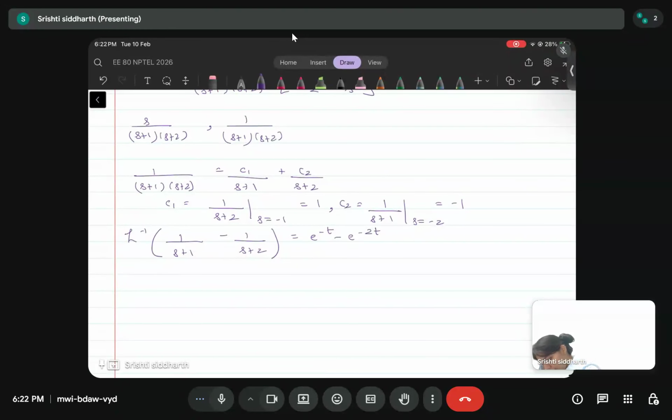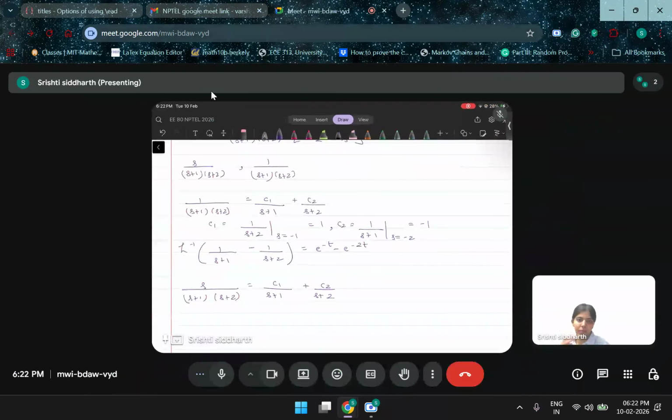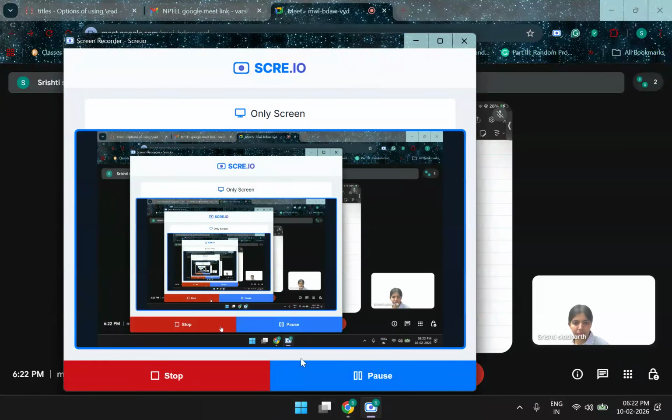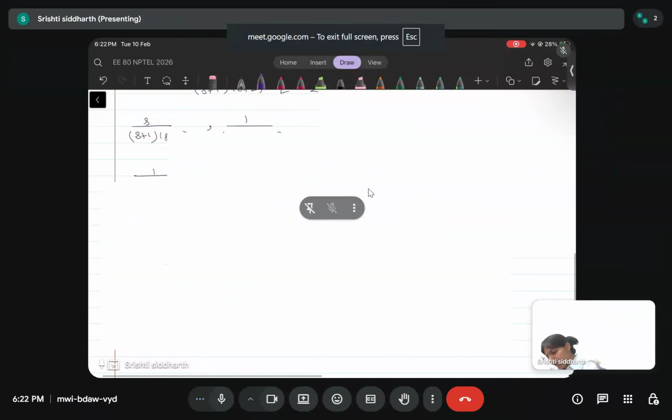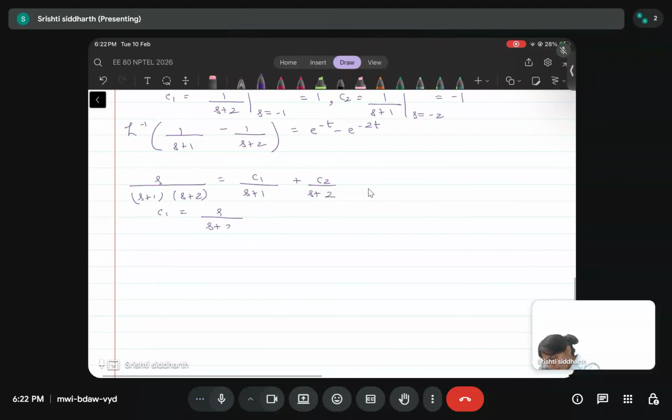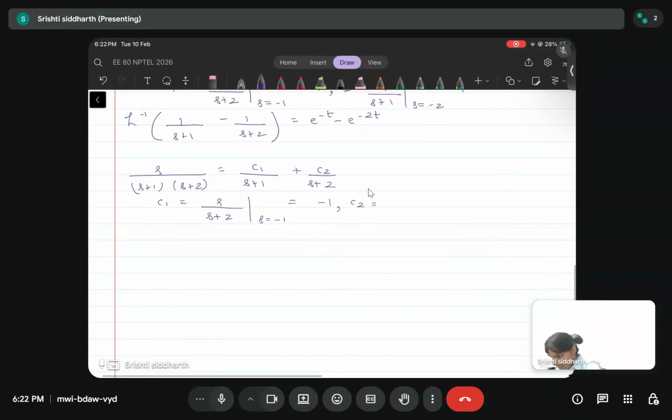Now let's perform partial fraction expansion of the second quantity.